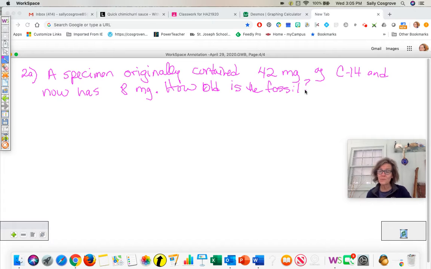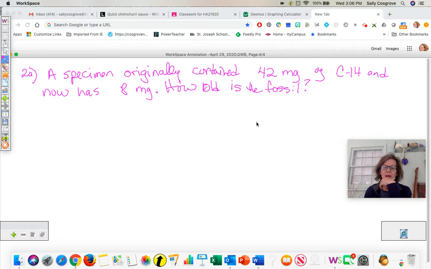Okay, so one of the things that we're going to need to know that I haven't told you yet is we've got to know the decay rate for carbon-14. And again, it's an unstable isotope, but it decays in a predictable manner.